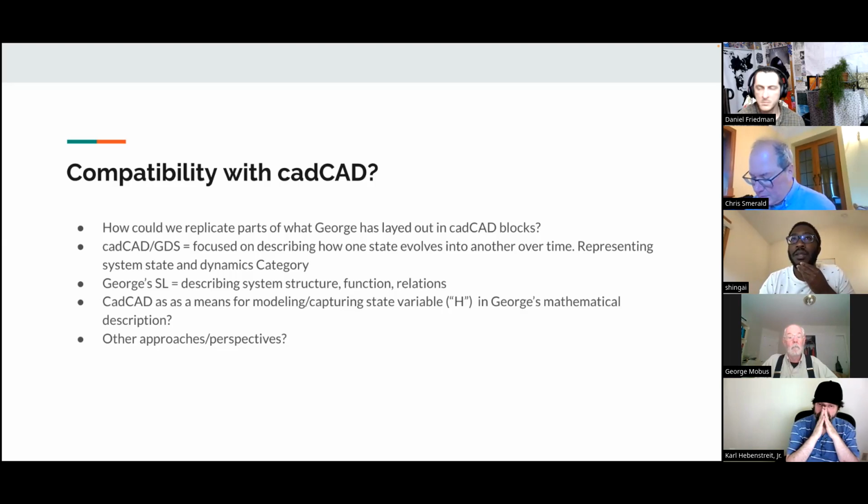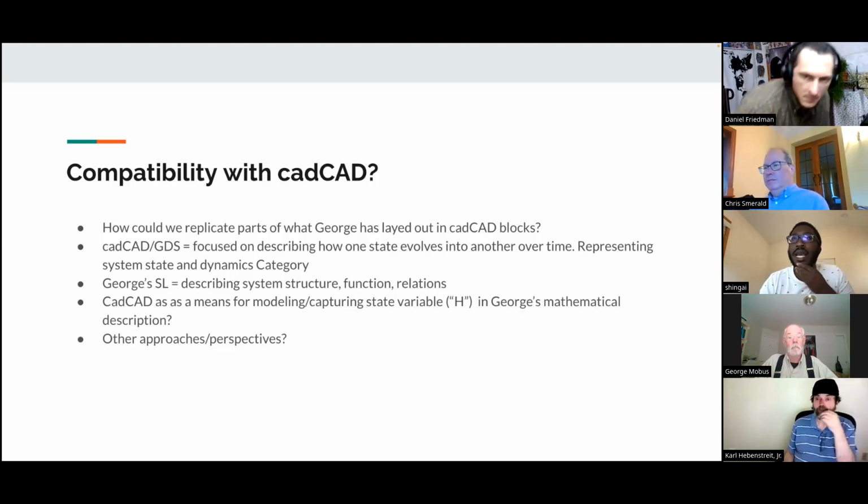And as I've been re-familiarizing myself with CAD, looking at some of their recent papers, basically they are integrating generalized dynamical systems as a mathematical framework that CAD will be operating on. And this is a framework that's very focused on describing how one state evolves into another state over time, and representing system states and dynamics. And it's based on category theory.